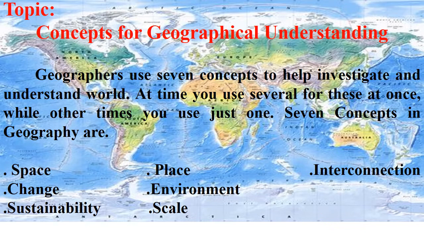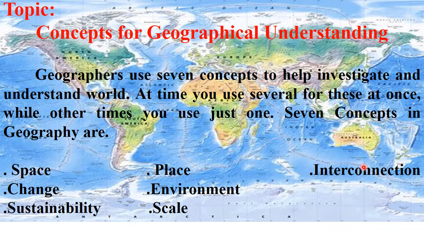At a time, you use several of these at once, while other times you use just one. The 7 concepts in geography are: space, place, interconnection, change, environment, sustainability, and scale.